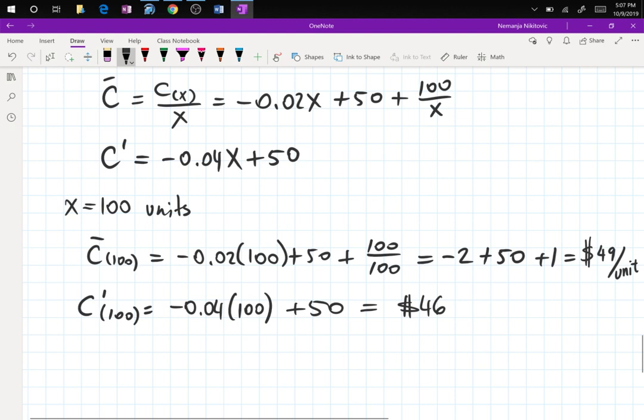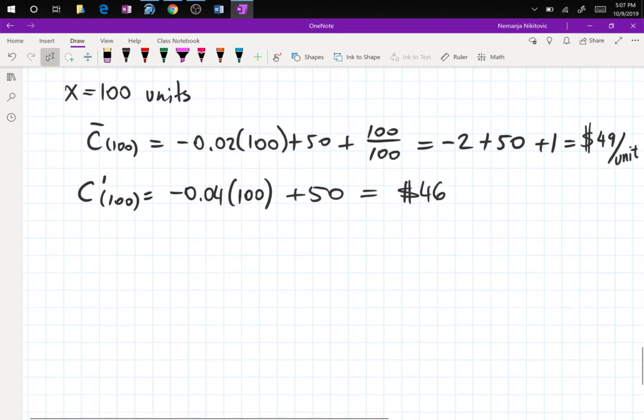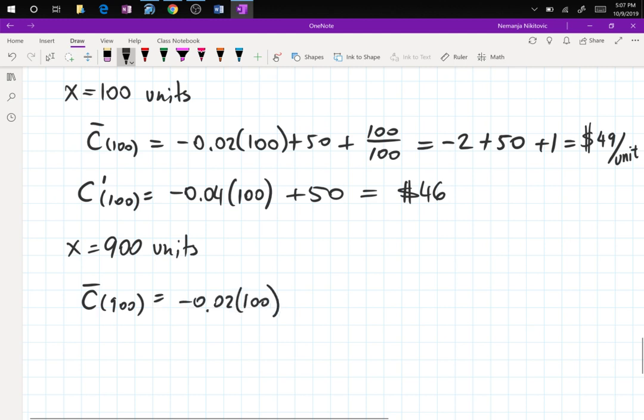Now we're going to do the same calculation for 900 units produced, and we're going to have our average cost for 900, which is negative 0.02 times 100 plus 50 plus 100 divided by 900.